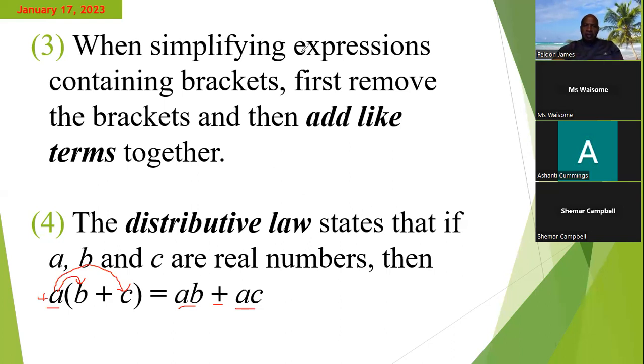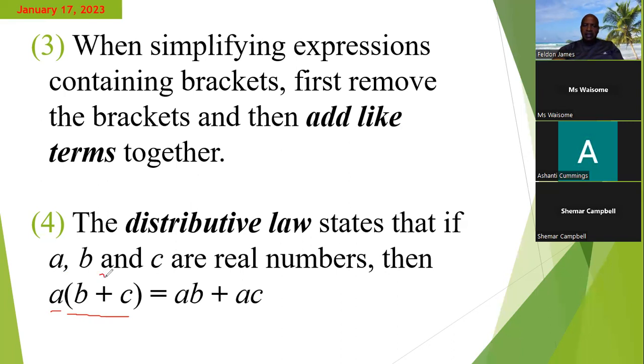Now, another thing to note is that you can think of A times B bracket C as a product, right? Remember we say that if you treat the bracket as a single unit, then you could call the bracket by a single letter.